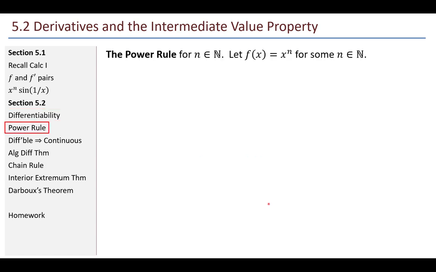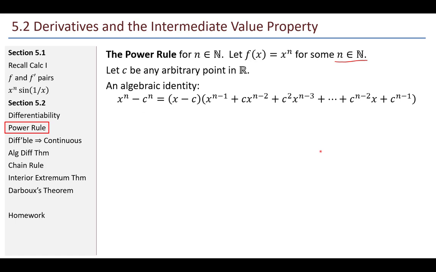Well, using this definition, we can now derive some of our basic rules like the power rule. Here's a quick proof of the power rule, just so long as the power n is a natural number. So let c be any arbitrary point in the reals, and here is an algebraic identity. Here's how x to the n minus c to the n factors. Then, by definition, f prime of c is this limit as x goes to c of x to the n minus c to the n over x minus c.